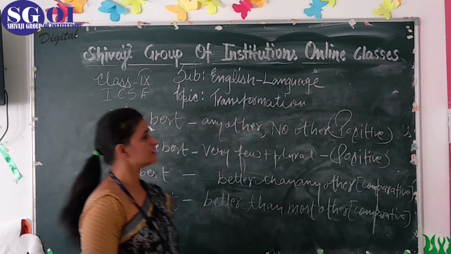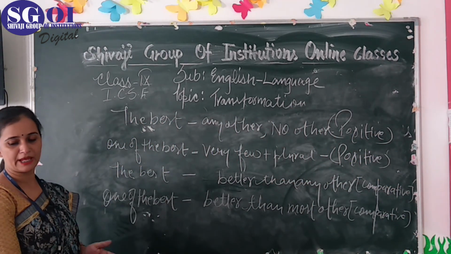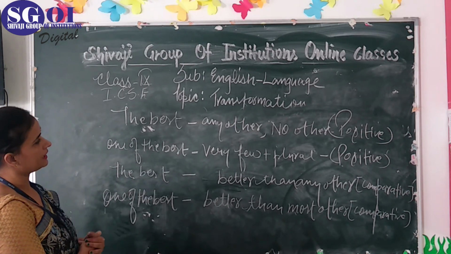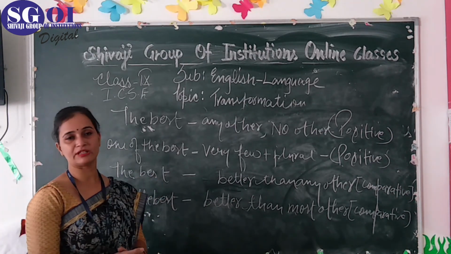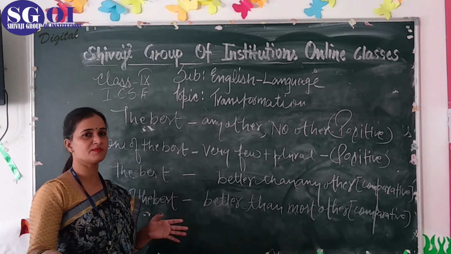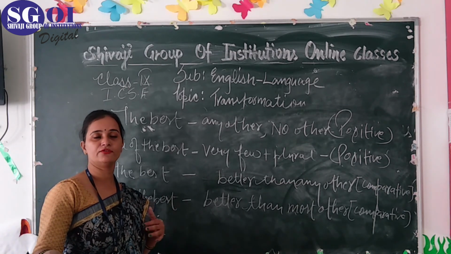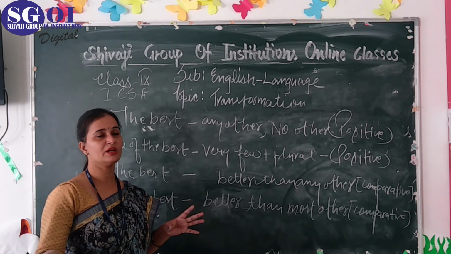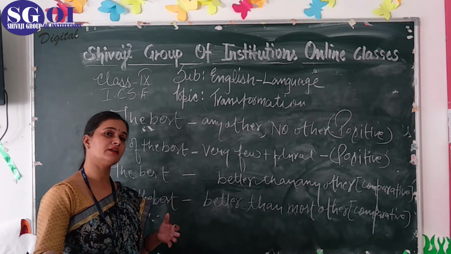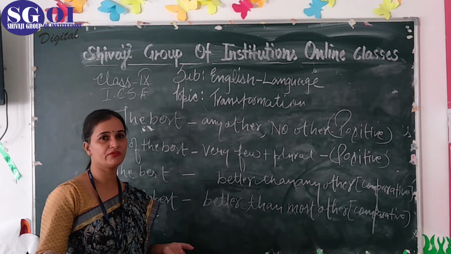Fine. So student, this is the classification of positive, comparative and superlative degree, and this is the detail of that. You have to do some sentences of removing too, using too, and then some sentences of changes of degree of comparison.